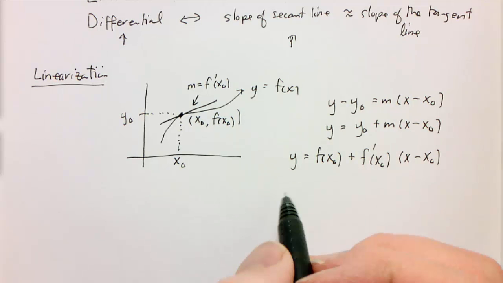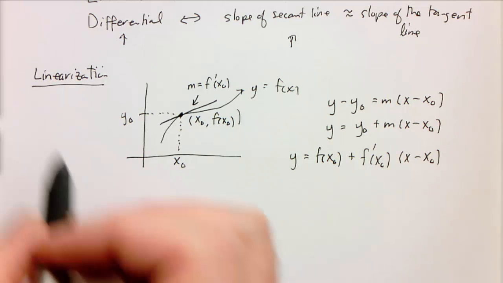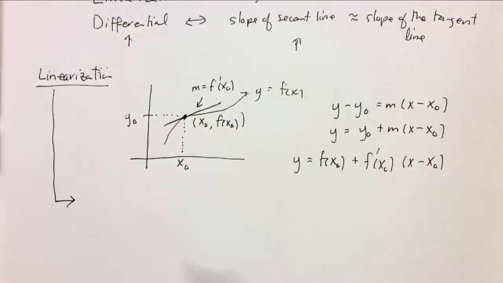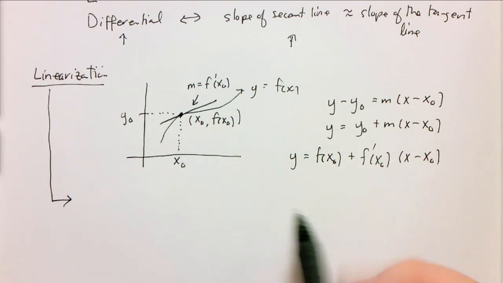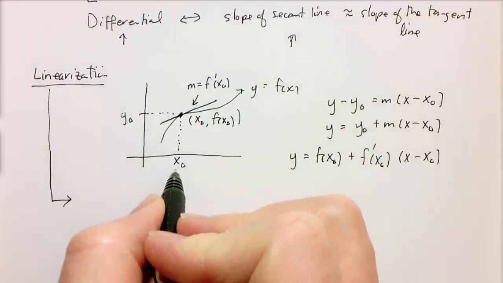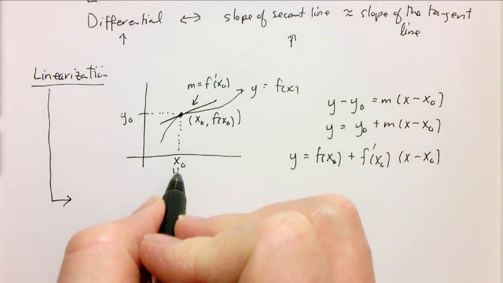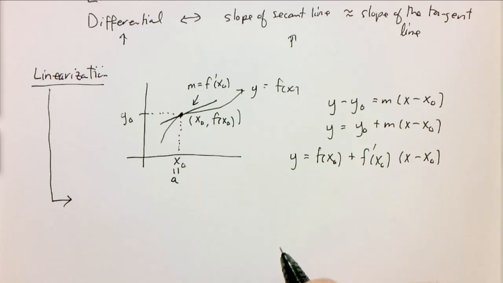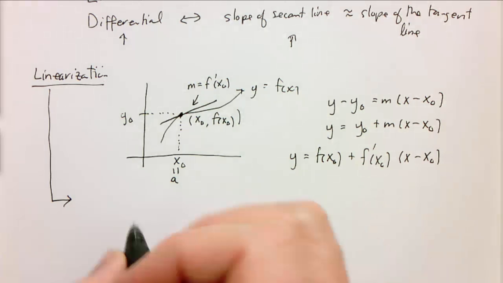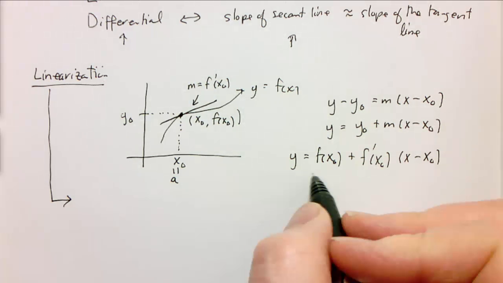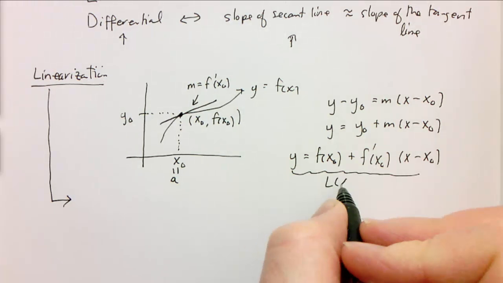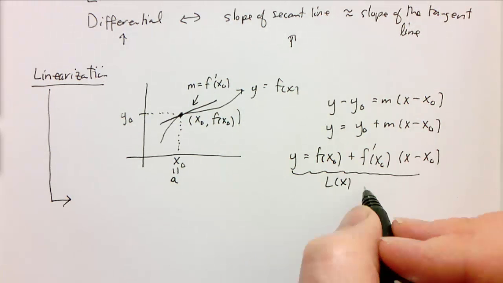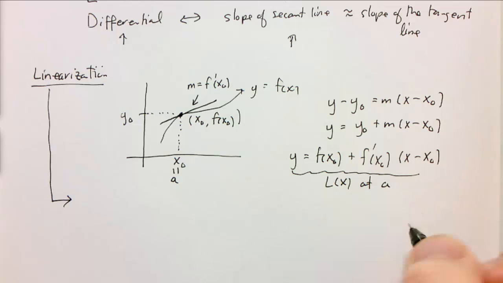Right. Now what goes on in this chapter when we talk about linearization? Well, we give this tangent line equation a new name. And we also change the name of this point a little bit. That's the common notation. So we're going to call this point A. So x0 is A. And then we give this a new name. We call this the linearization L of x at A. What does that look like?